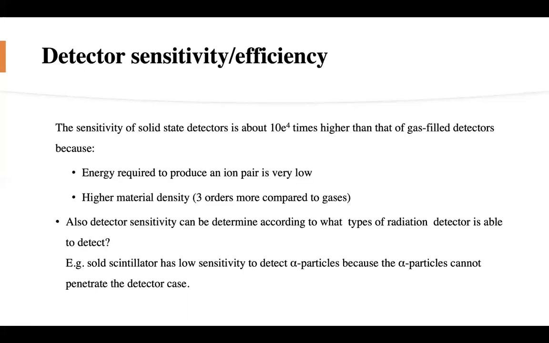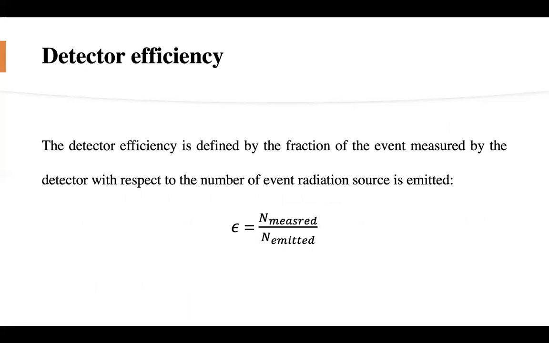Sometimes efficiency and sensitivity are almost the same idioms, okay? In some papers or textbooks, you will find there's something different. The detector efficiency is defined as the fraction of events measured by the detector with respect to the number of events emitted by the radiation source.